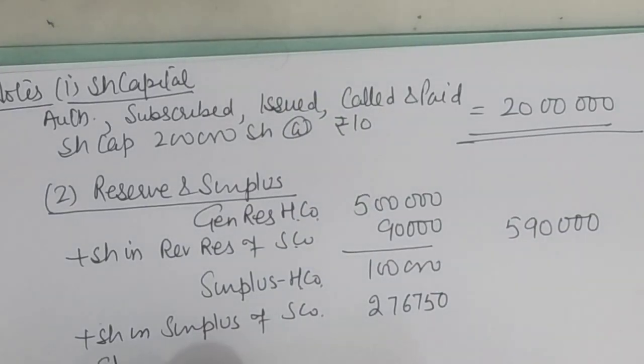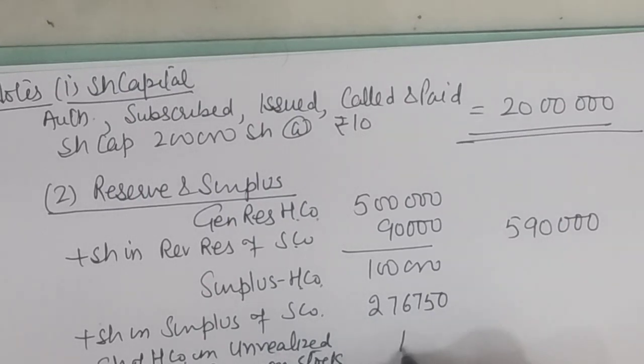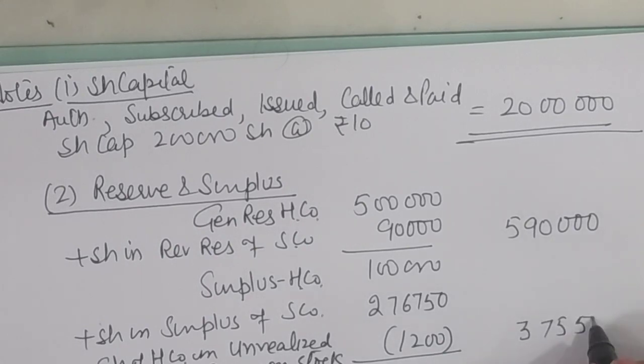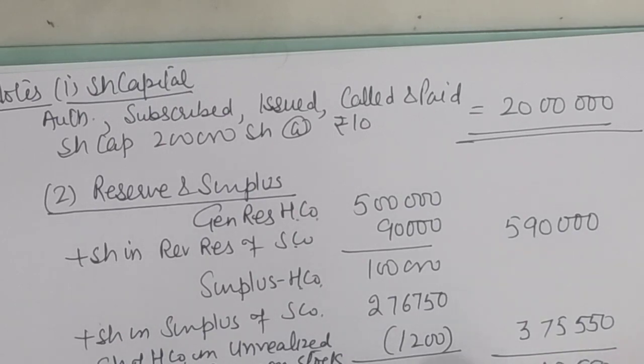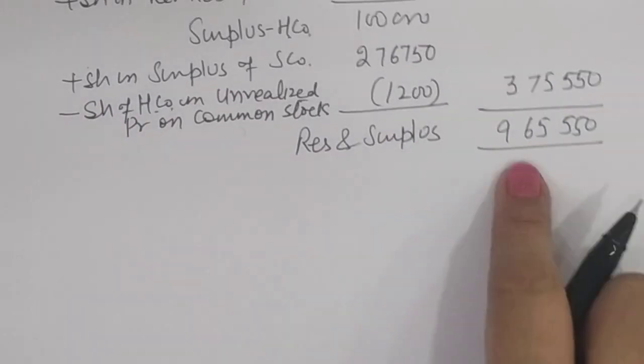So minus share of the holding company in unrealized profit on common stock, 1200. So that gives you 3,75,550. 9,65,550 is your total reserve and surplus via the second note to the balance sheet. So put it into the balance sheet.